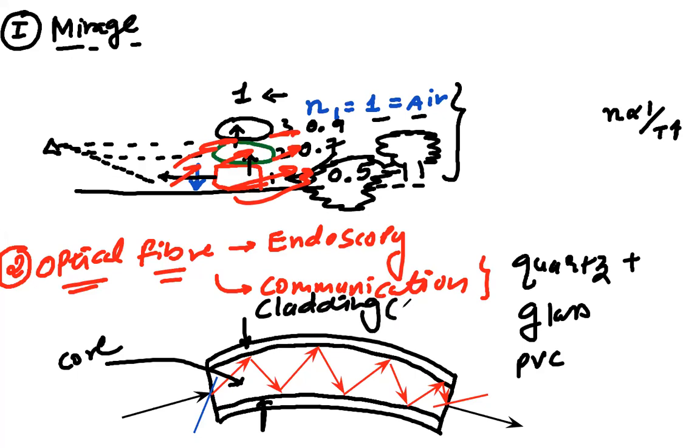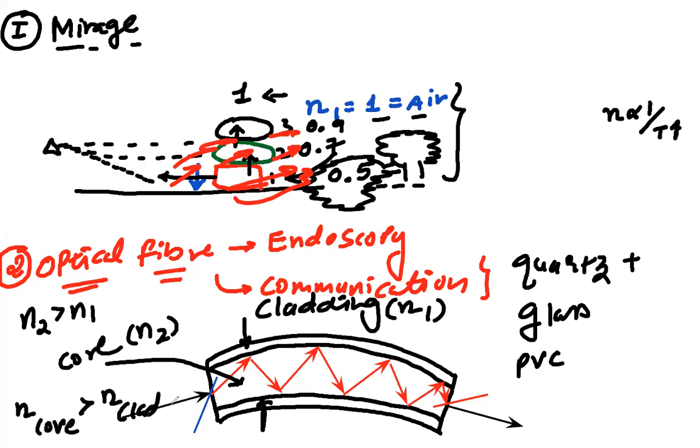Let's say for the cladding I put refractive index N1 and for the core refractive index N2. The condition is that N2 is greater than N1, that is, the refractive index of the core is greater than that of the cladding.